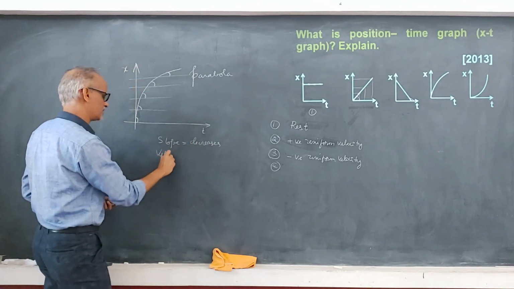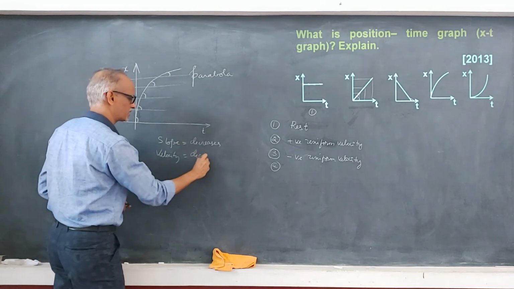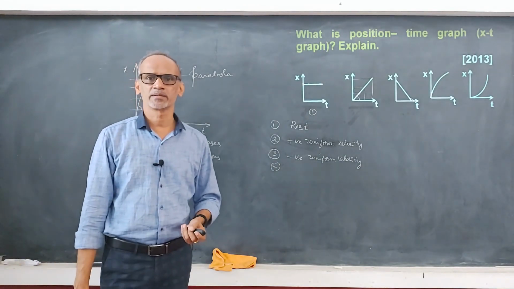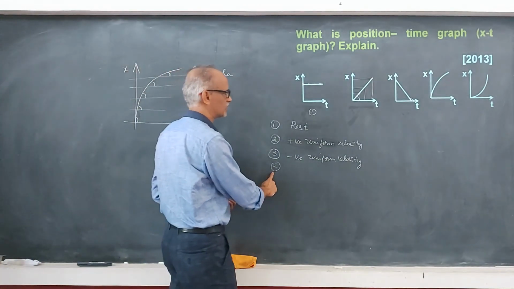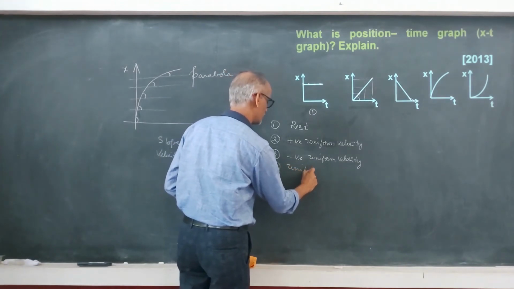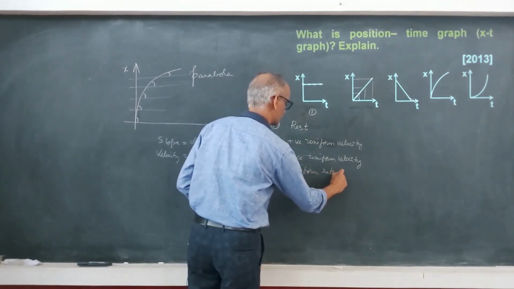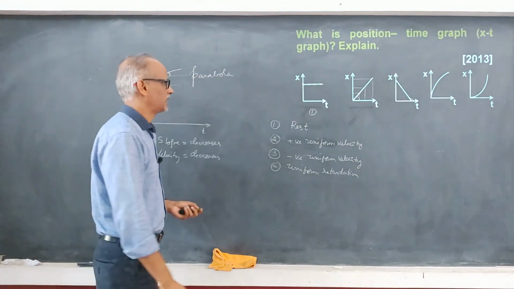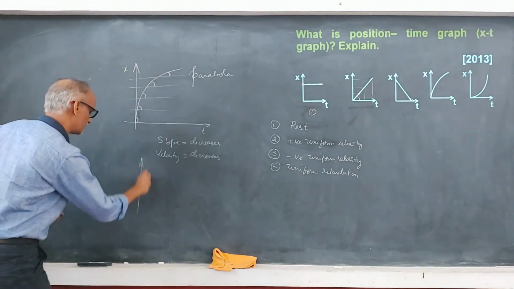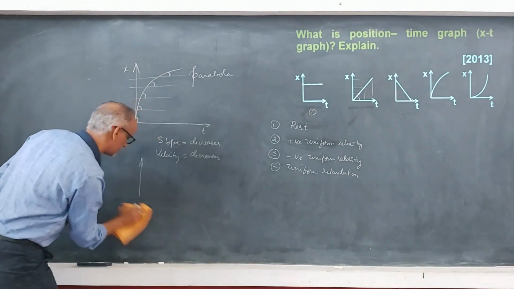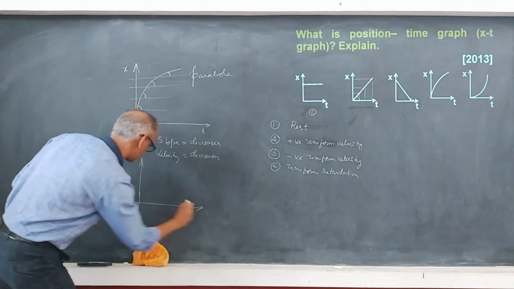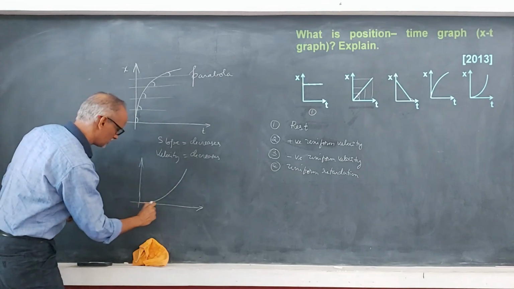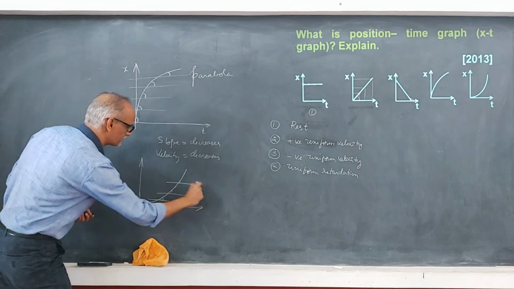Slope is nothing but velocity. Velocity also decreases. What is the meaning of decrease in velocity? Decrease in velocity means the body has a retardation. So that's why in graph number 4, the body moves with uniform retardation. And in the next graph, which is graph number 5, here the slope continuously increases.